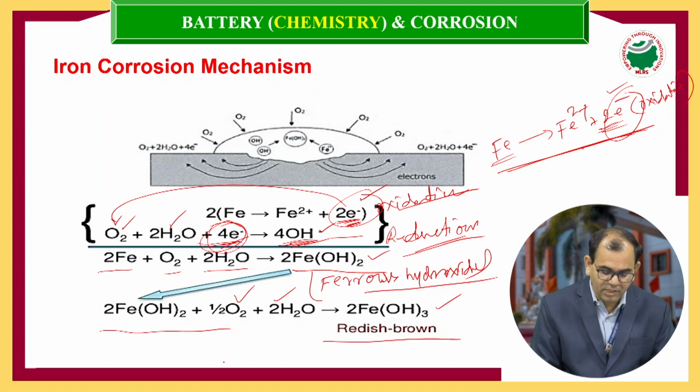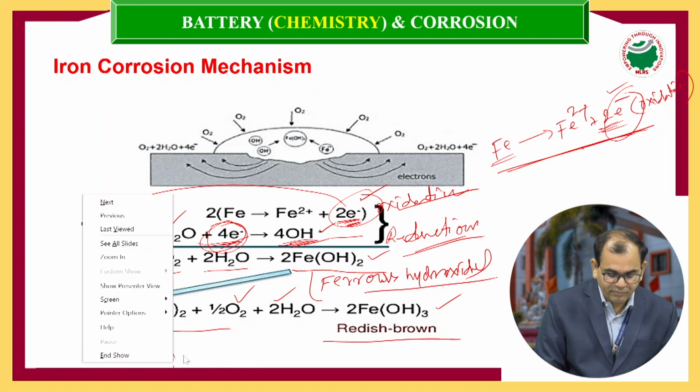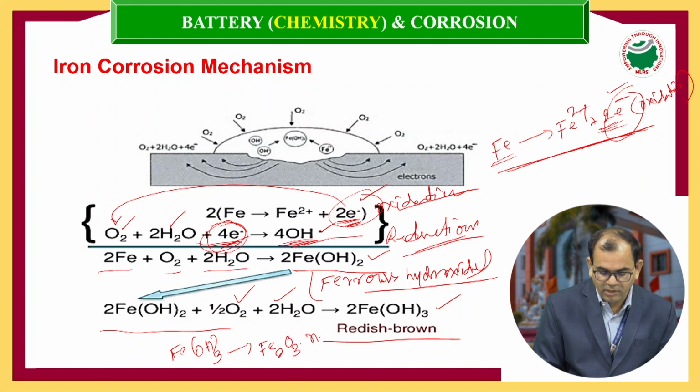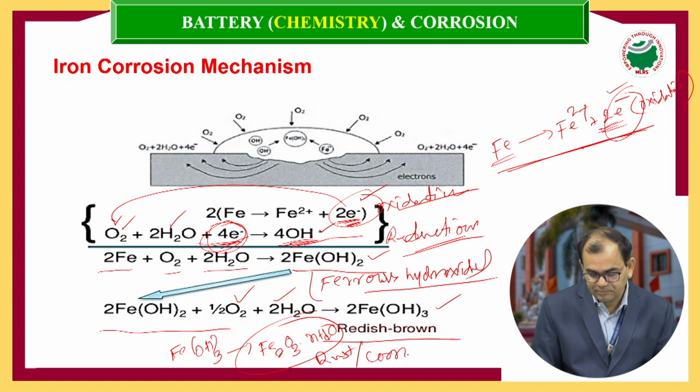This will be further dissociated. Fe(OH)3 gives rise to Fe2O3·nH2O. This is nothing but rust or corrosion.